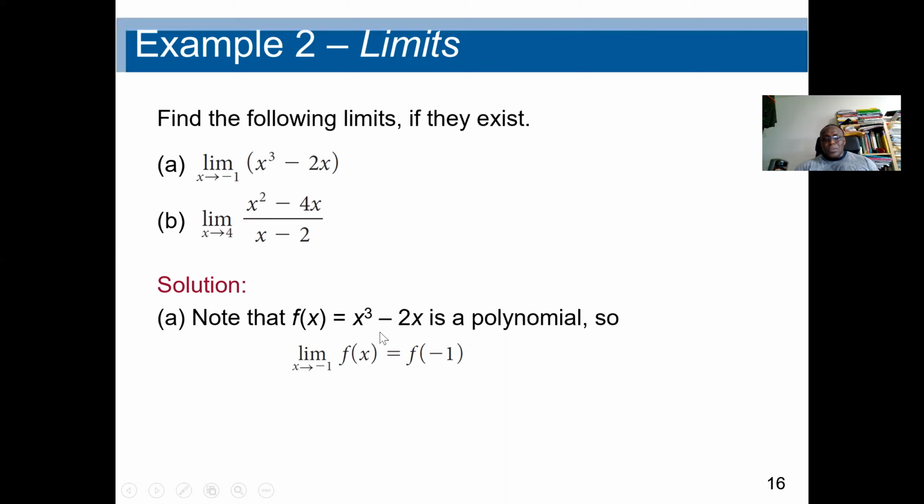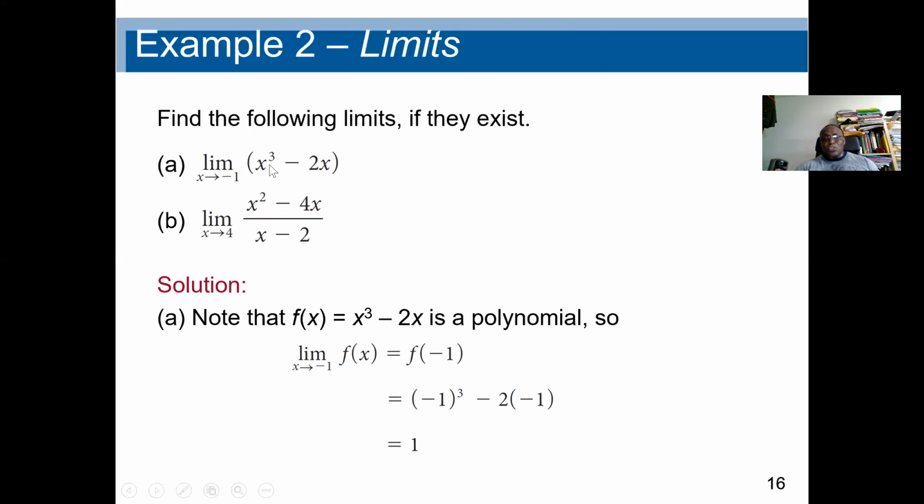So let's solve the first one. If you like, we can simplify it, or we can go ahead and substitute x with -1, which means we are going to find f at -1. Here we have -1 cubed minus 2 times -1, and that gives us -1 plus 2, which is 1. Either way, we can substitute.